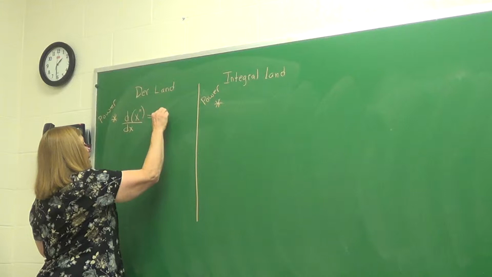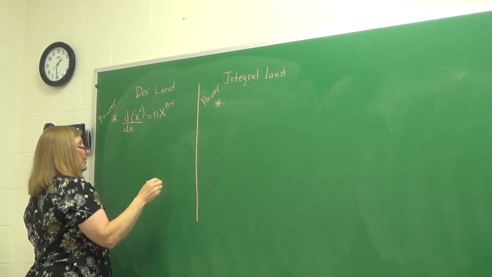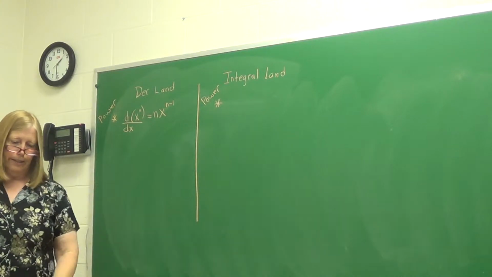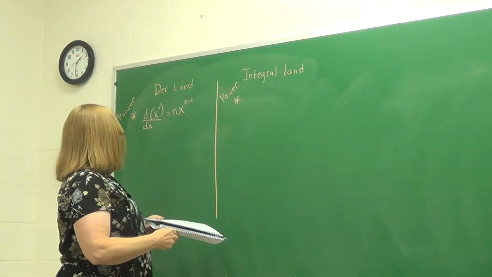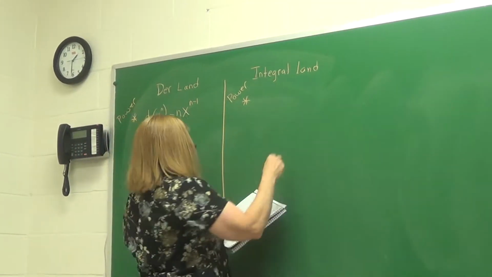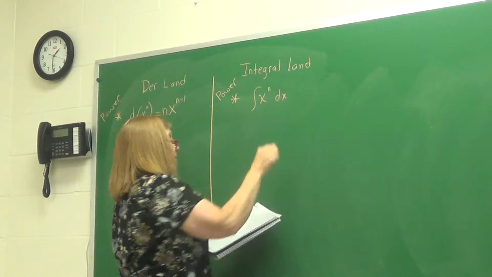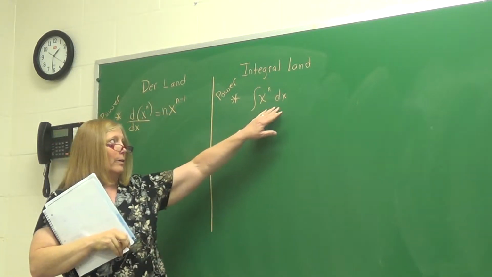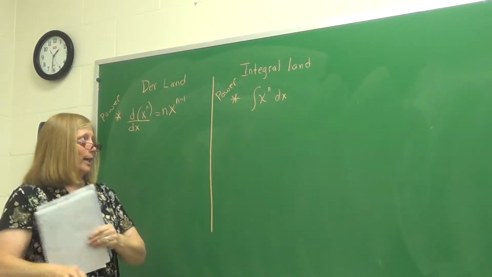And we learned that the n runs down in front and then reduces by 1. So we've been using that a lot already this year. So let's talk about that over here in integral land. Take the integral of x to the n. And remember, every integral is followed by a d something to tell the reader what variable we're working in.